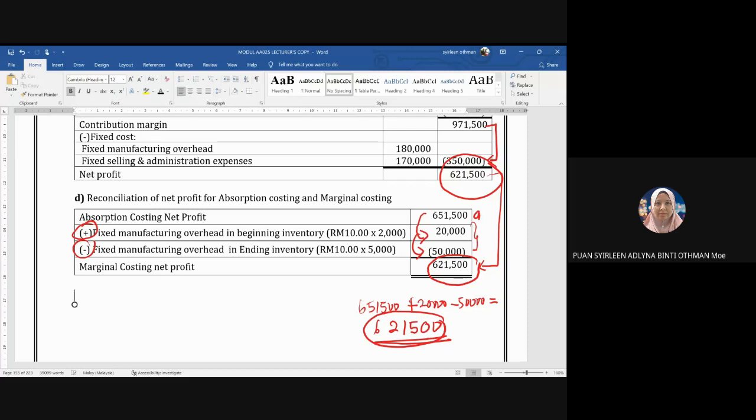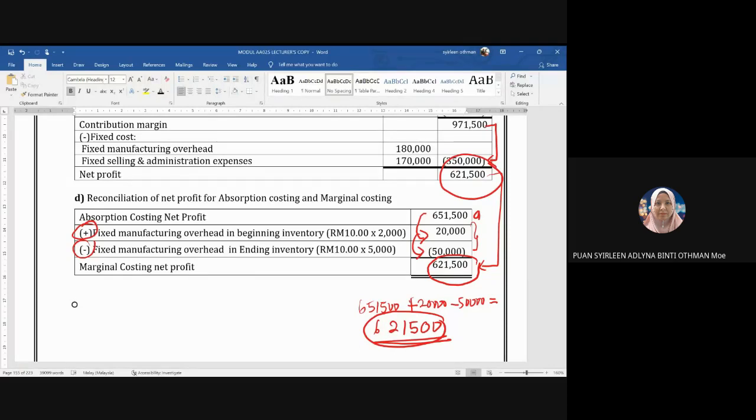Okay, alright. So steps untuk jawab soalan. 1, kenal pasti awak punya cost, product cost per unit. So you need to calculate for both. Kita akan calculate untuk marginal, kita akan calculate juga untuk absorption. Lepas tu kita akan buat adjustment di mana you akan bandingkan your applied MOH with the actual MOH.